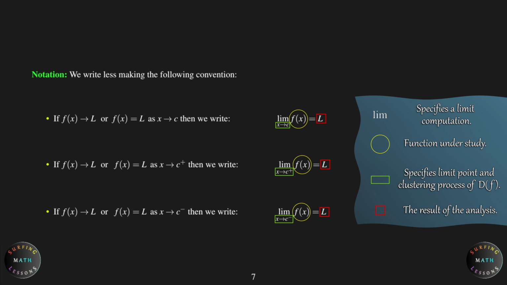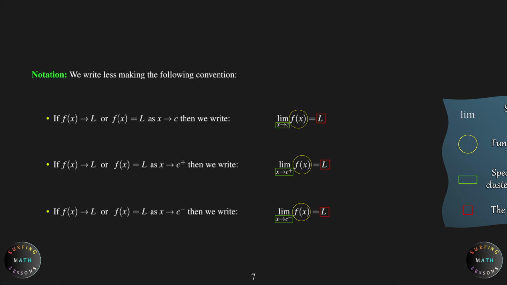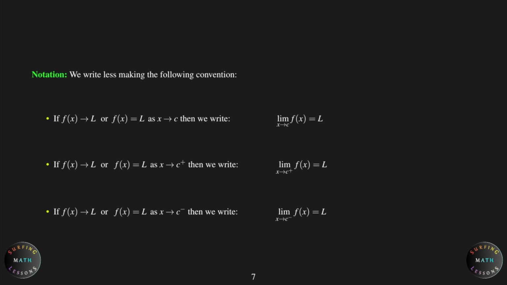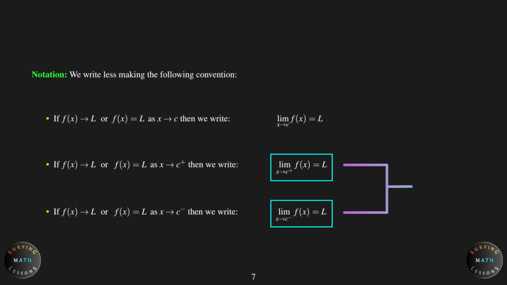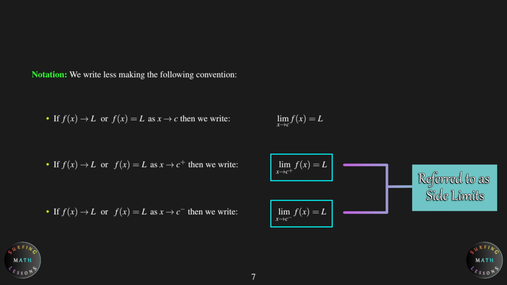Cutting corners by not specifying the process or the corresponding function can yield confusion and errors in final answers. So it's a good idea to write the notation completely, even when working examples or practice problems, in order to develop muscle memory. I will often refer to the last two notations as side limits.